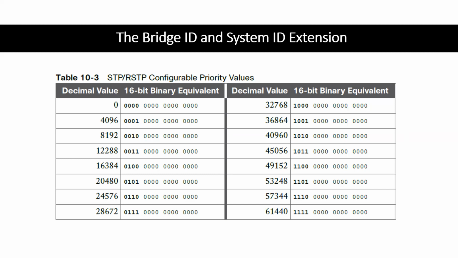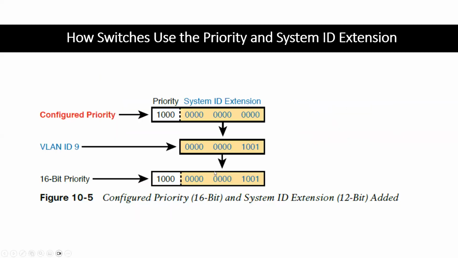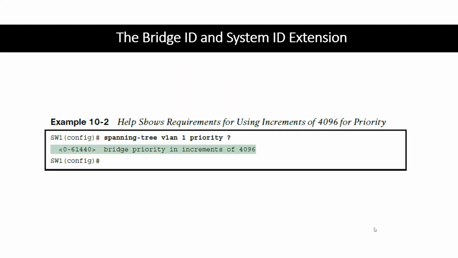All right. And just a quick excerpt that I want you guys to understand. I know I was talking about using the spanning tree root primary command and the spanning tree secondary command.